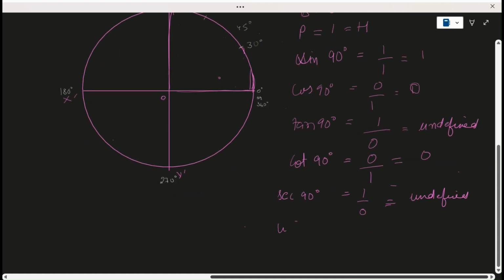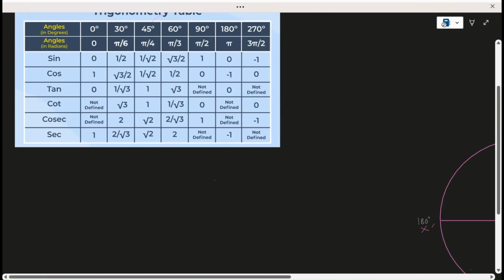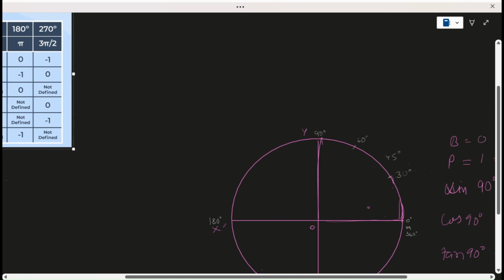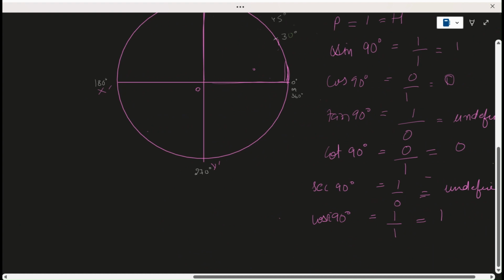And lastly, we have cosecant 90 degree, that is, we are left with the sine value, so that will be 1 upon sine, that will be again 1. Again, let us see in the table. Sin 90 we calculated 1, cos 90 0, tan not defined, cot 0, cosecant 1, secant not defined. Now let us move to the other angles which are mentioned in the table, that is 180 and 270.